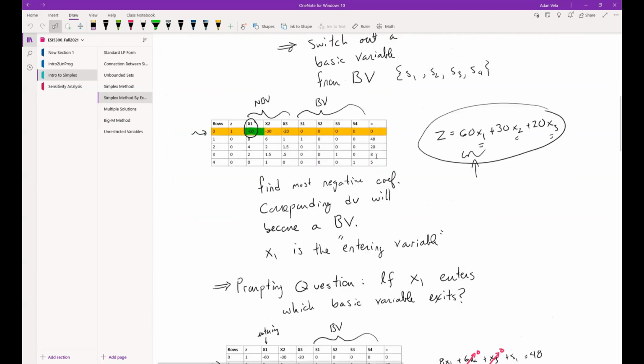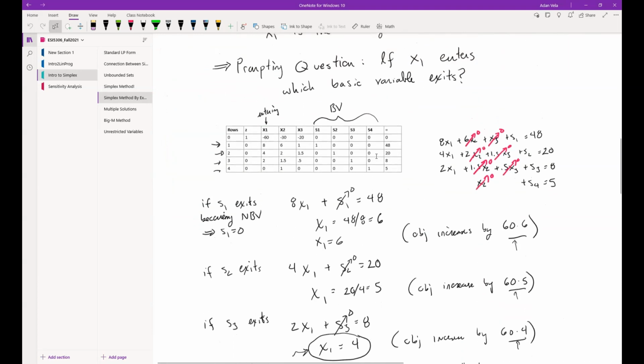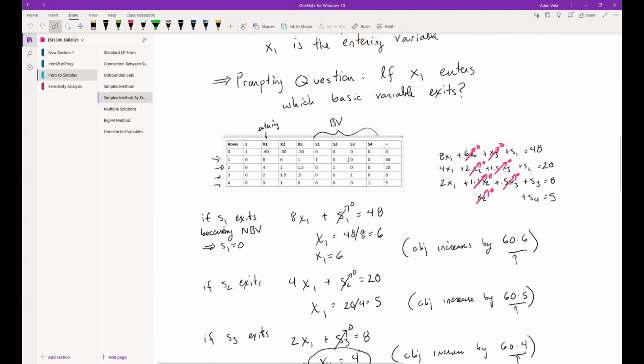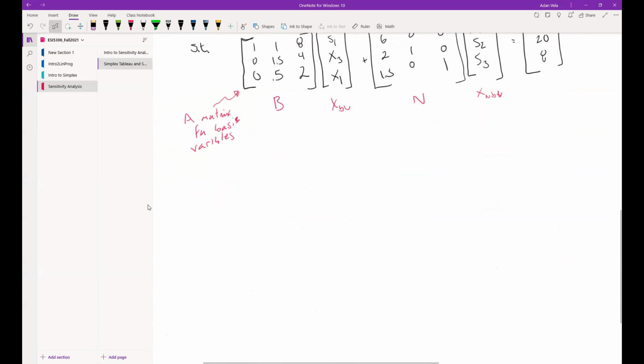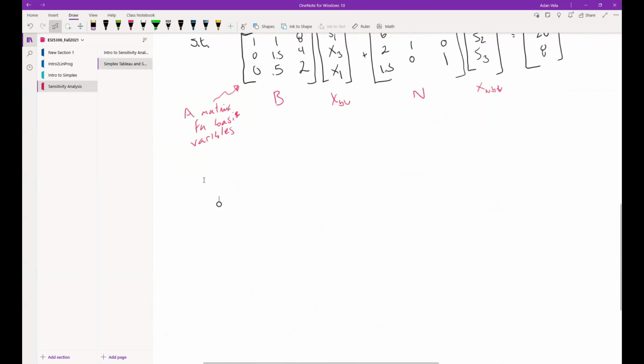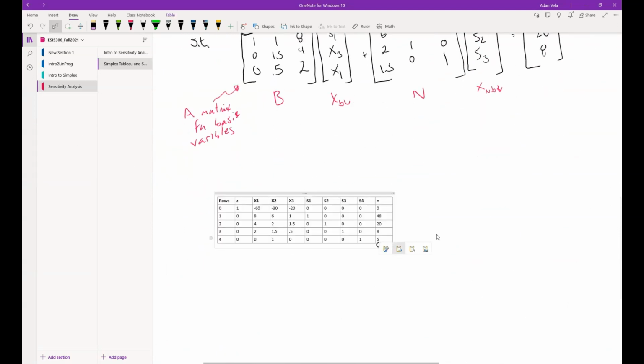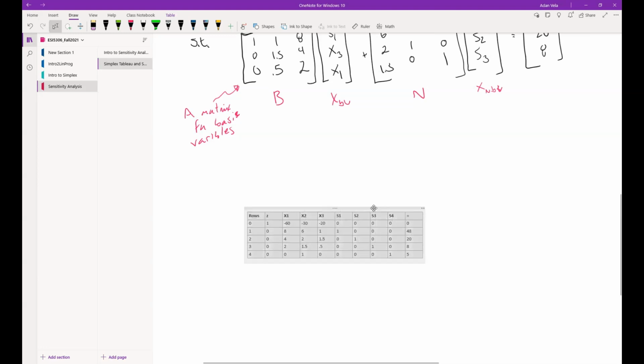So let's see if I can find the final solution. This might be the final here. Yeah, I think this is the final. Okay, so this was the final simplex table that we ended up with.